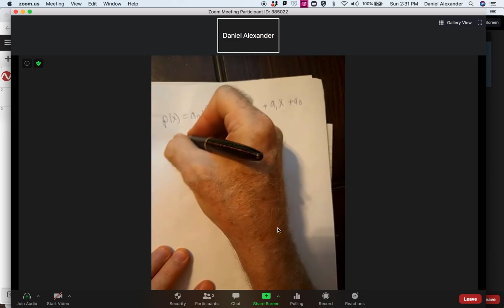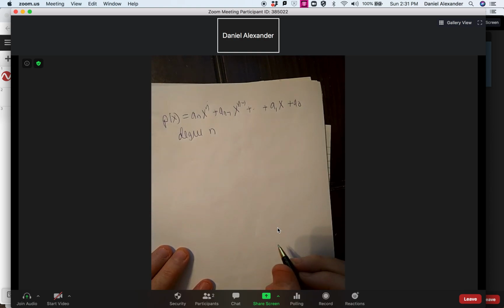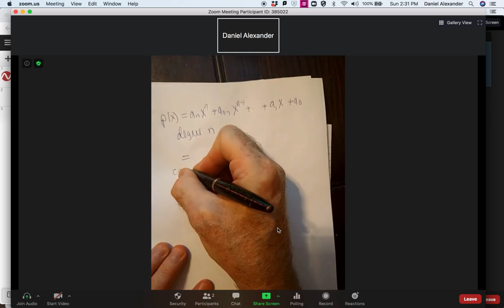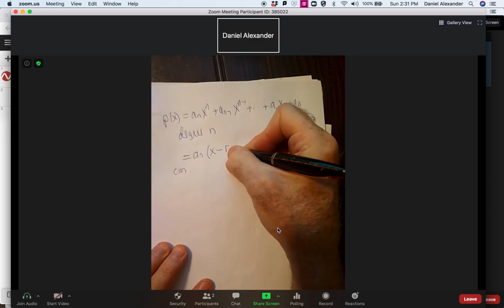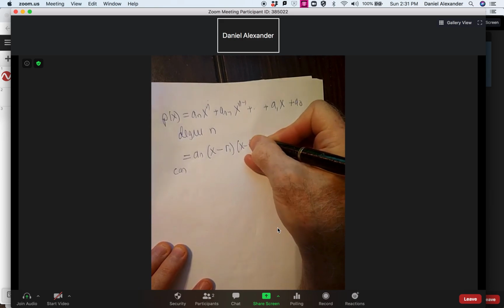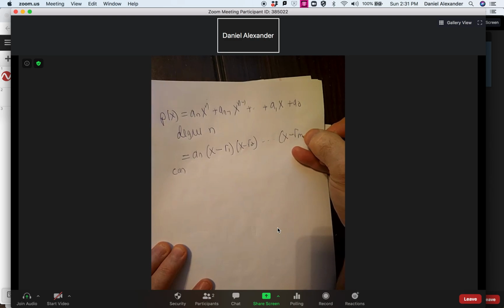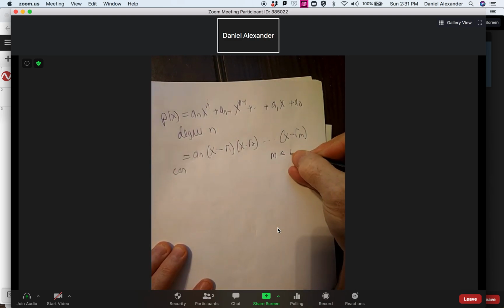So this is degree n. We don't know what that number is. In the last example, it was 4. And this can, it doesn't always happen, factor like this. We can factor into any number of terms, and I'm going to say m is less than or equal to the degree.